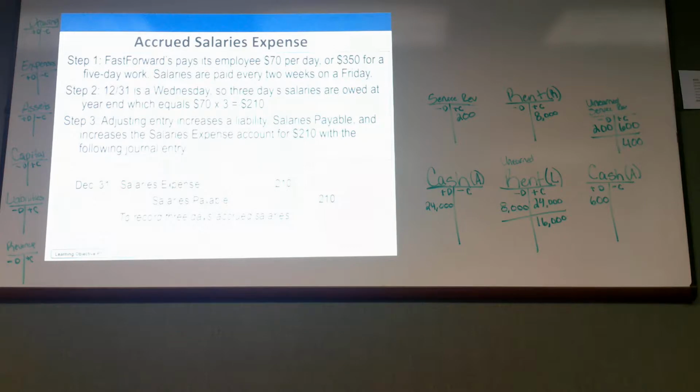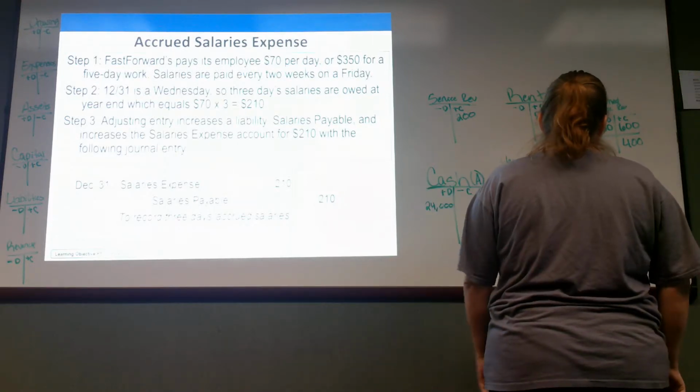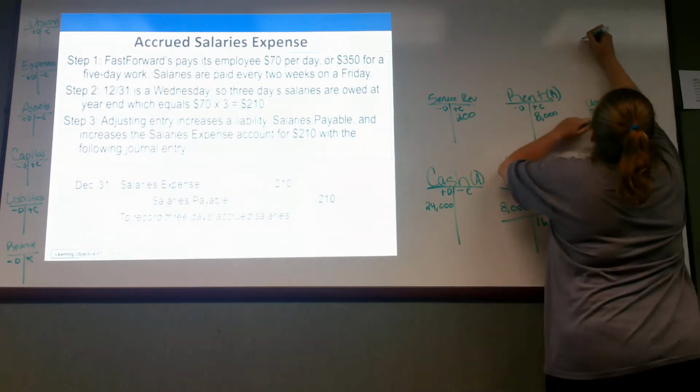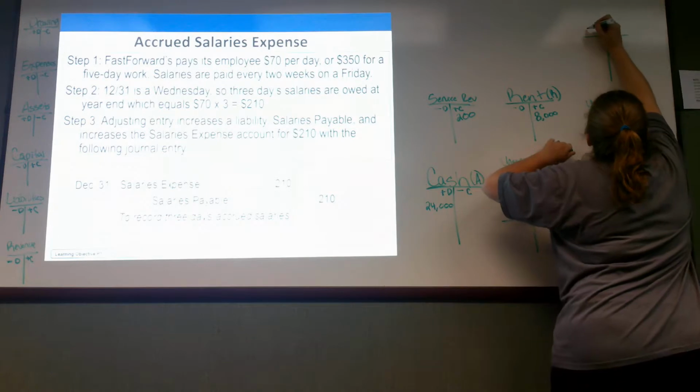Can you go ahead and make me the 2 T tables? It is going to be salaries expense and salaries payable. So salaries expense is an expense account. Expenses are part of DEA.